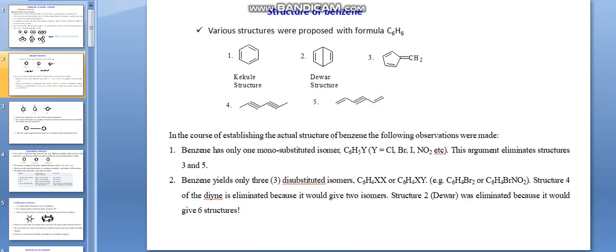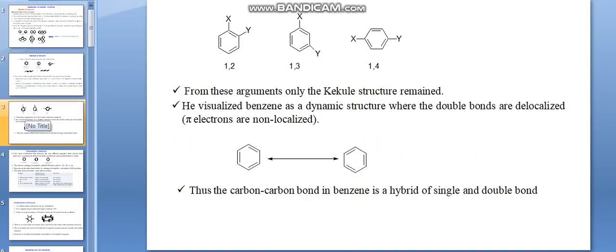Structure 2, the diyne, was eliminated because it could give 6 structures. As you can see from the structure itself, the benzene ring can attach to several substituents depending on the position: position 1,2, or 1,3, or 1,4. So from the argument, only the Kekule structure remained.